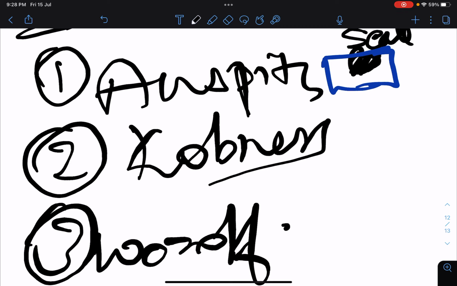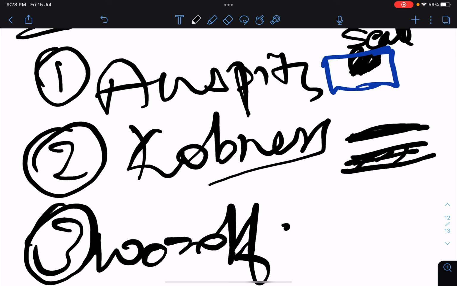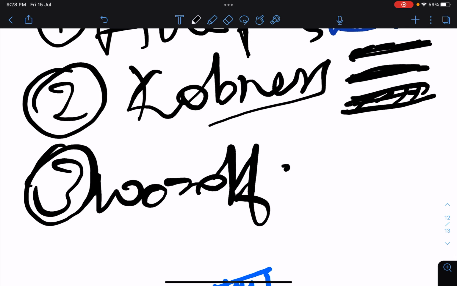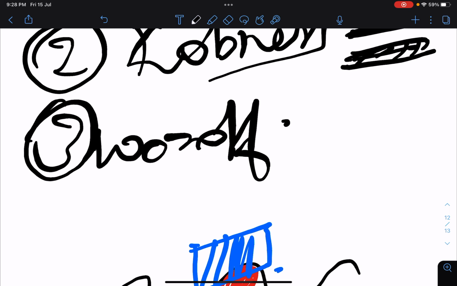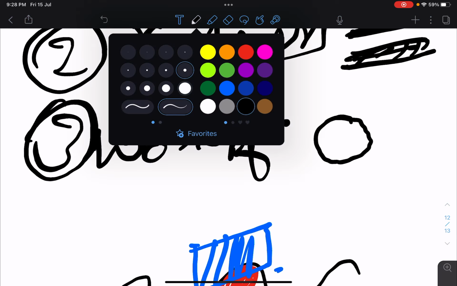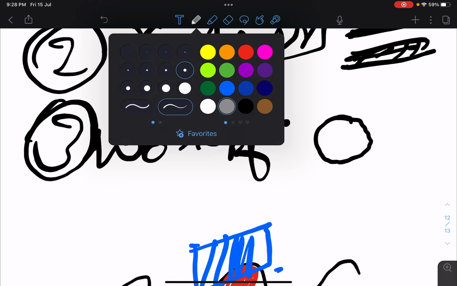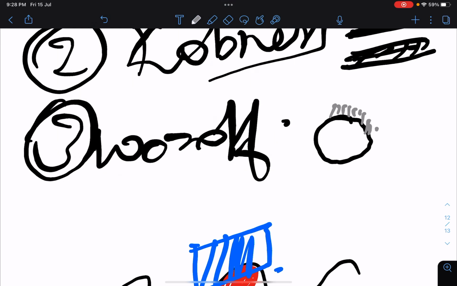Now, Koebner's phenomenon is basically straight lines of lesions that are seen after, let's say, a scar. So there's a scar, you would see a certain amount of lesions. And Woronoff's ring is, let's say if this is your psoriatic papule, you're going to have an area of hypopigmentation around it.